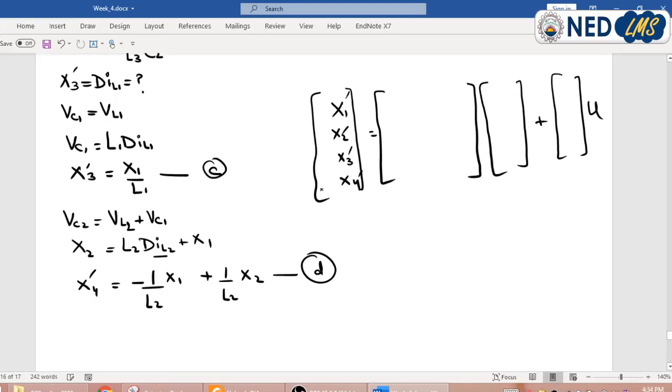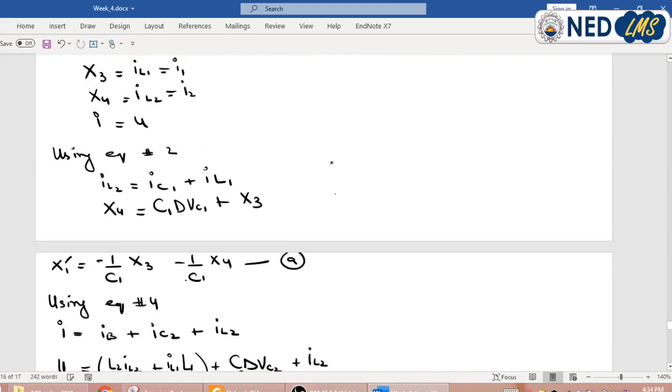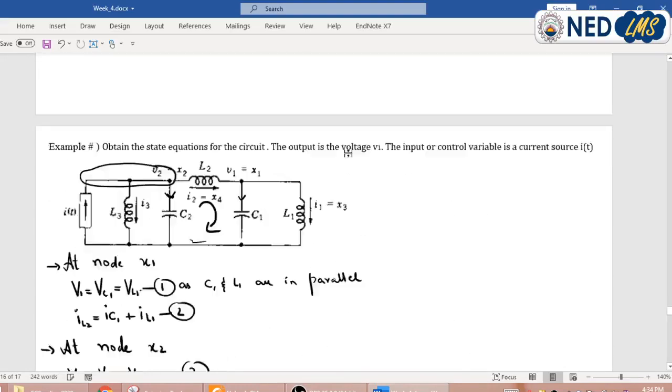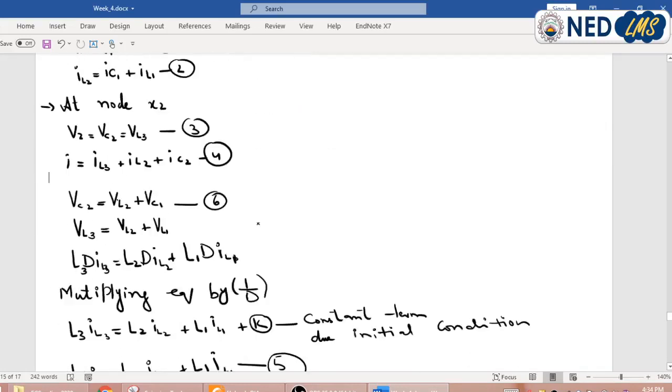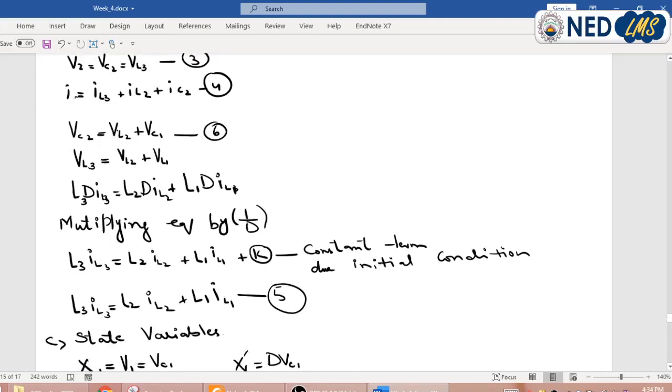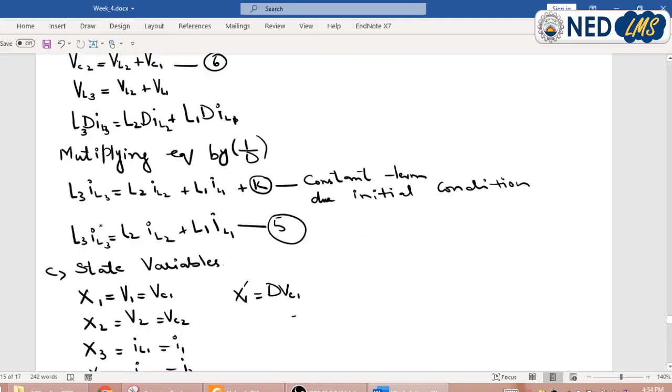So here what we learned is that we can evaluate a state equation of this system, but the speciality here is that we have 5 energy storing elements, and we have an equation which reveals that one inductor current depends on the other two inductor currents, so all three inductor currents are not linearly independent.